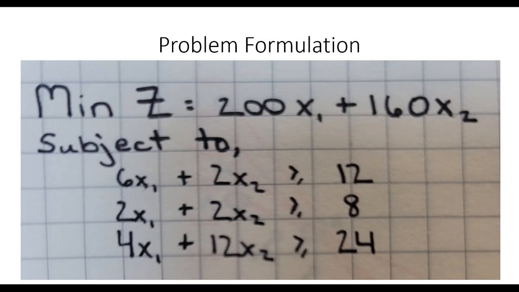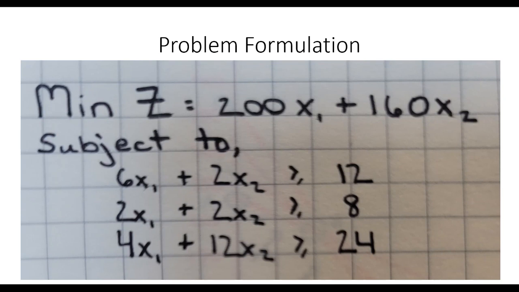Minimize z equals 200x1 plus 160x2, subject to 6x1 plus 2x2 is greater than or equal to 12, which is the amount required of high-grade ore. 2x1 plus 2x2 is greater than or equal to 8, the amount required of medium-grade ore.